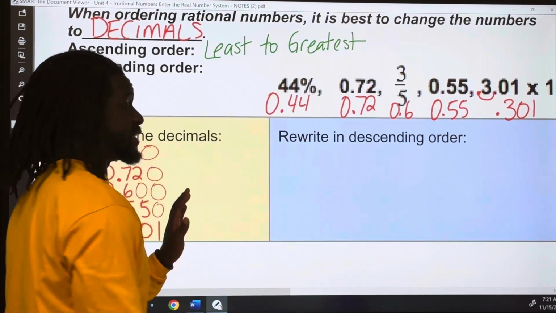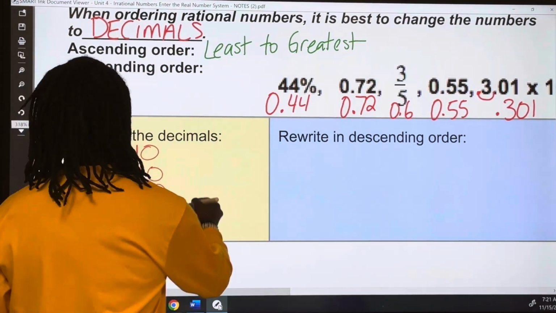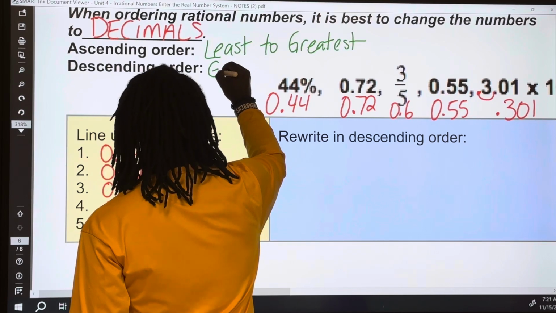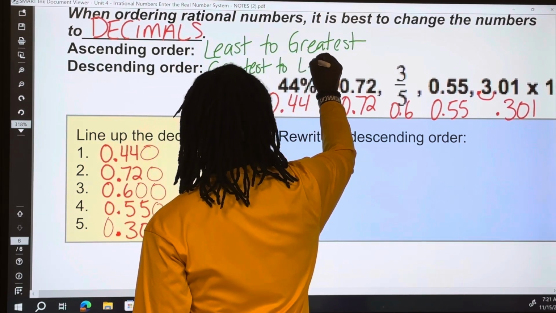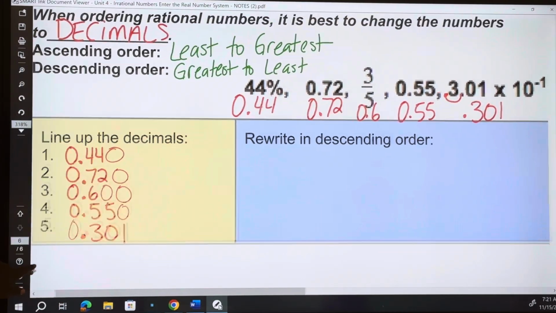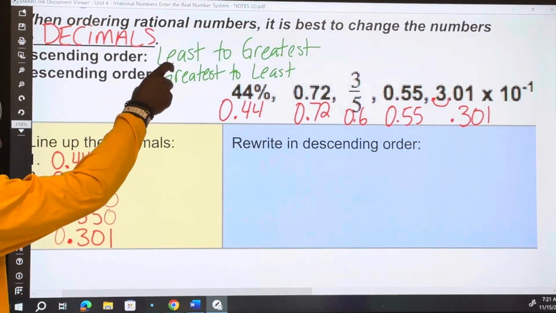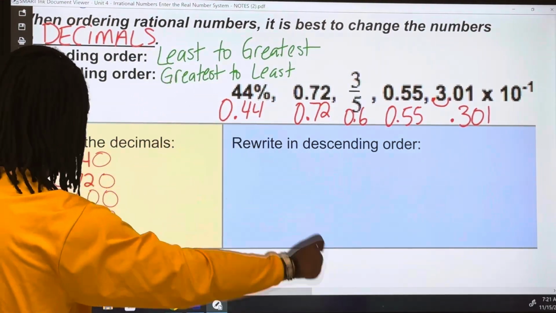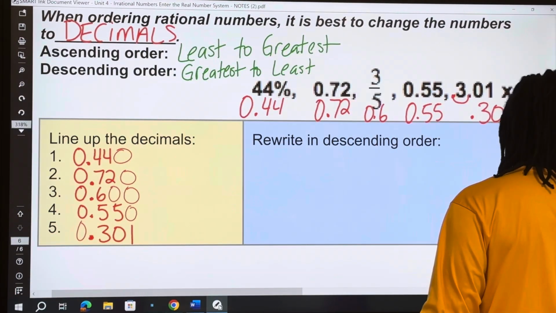If I'm ascending, I am going up. And then descending order is from greatest to least. Sorry, forgot to mention that. The reason I brought that up is because this says rewrite it in descending order, meaning I'm going down. If I'm descending, I'm going down. And so I'm writing this in order from greatest to least.